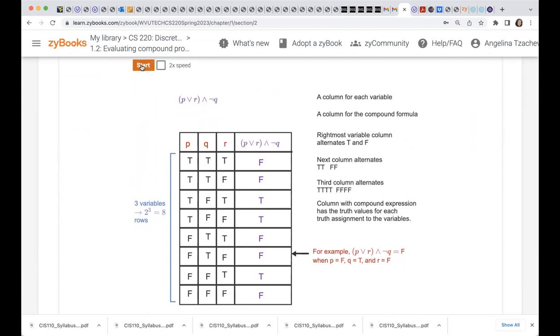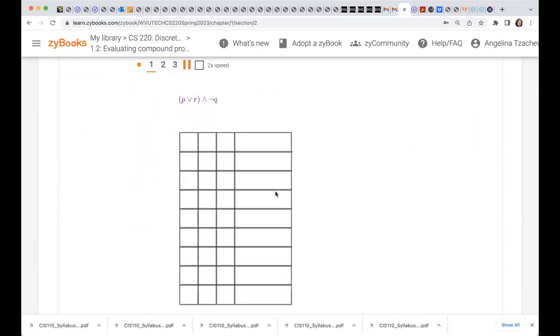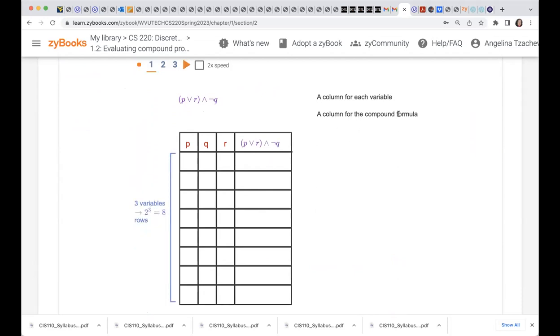And here's another one: P or R and the not of Q. We would have a column for each variable and a column for the compound formula. Let's say these are the values.